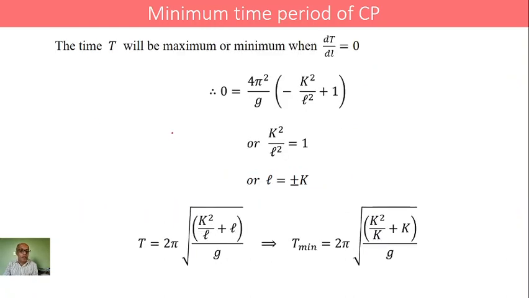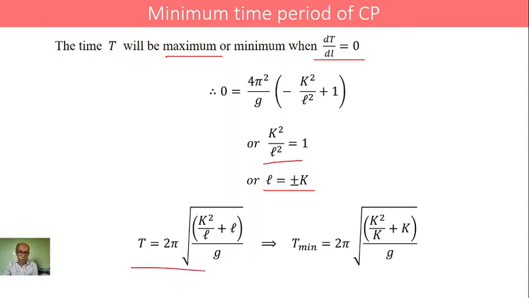And this time period will be maximum or minimum depending on dT by dL equals 0. Taking dT by dL equal to 0, this term becomes 0, and therefore k square by L square is equal to 1, or L equals plus or minus k.